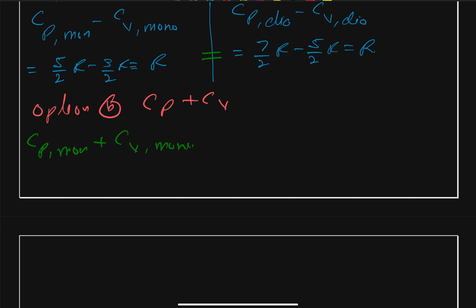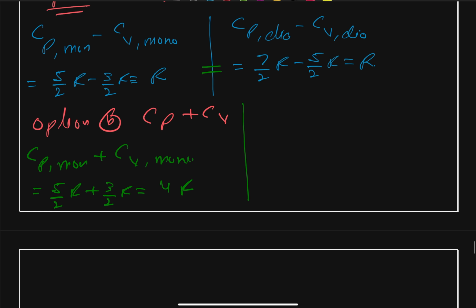We get 5/2 R plus 3/2 R, which comes as 8/2, and we can write this as 4 times R. Now we come to diatomic, 7/2 plus 5/2, and this comes as 6R.